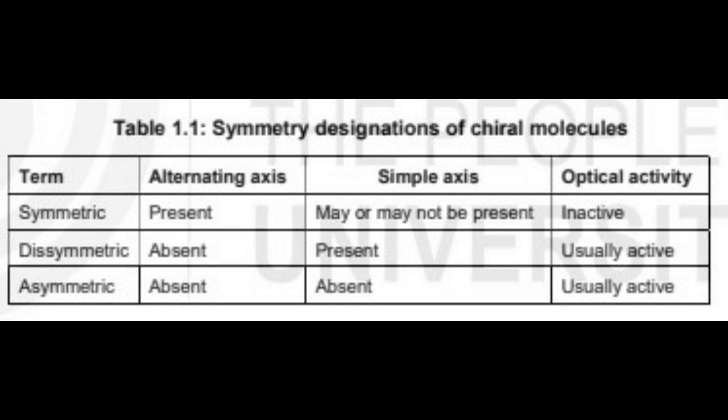The reflection of structure 2 in the plane of the ring gives structure 3, which, if you see carefully, resembles structure I. We can say that the molecule has 360 degrees per 90 degrees equal to 4, i.e., a fourfold alternating axis of symmetry. This is depicted in the figure given for this molecule. Fig. 1.25. Fourfold alternating axis of symmetry.